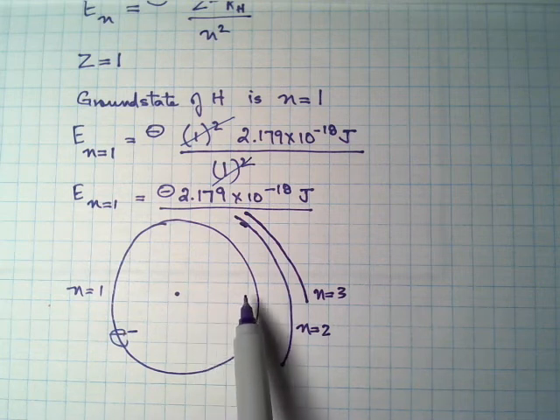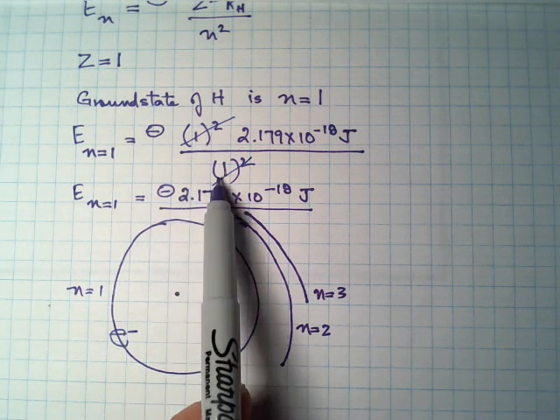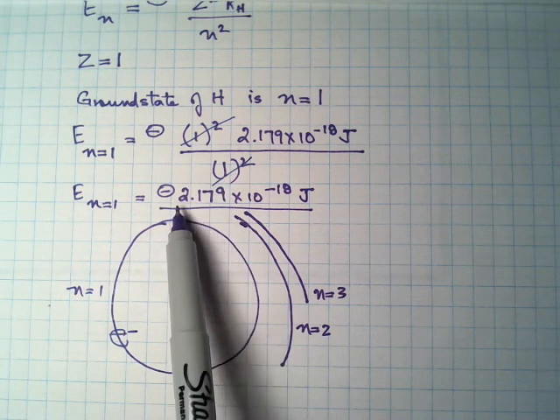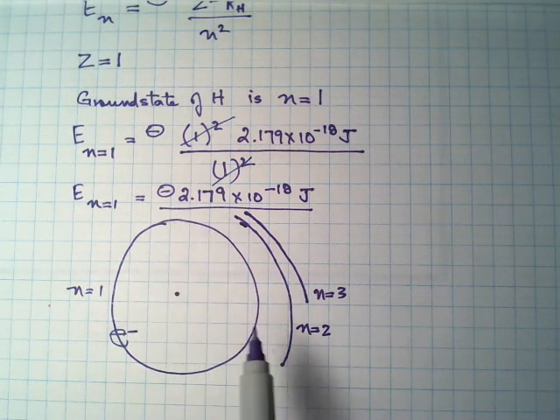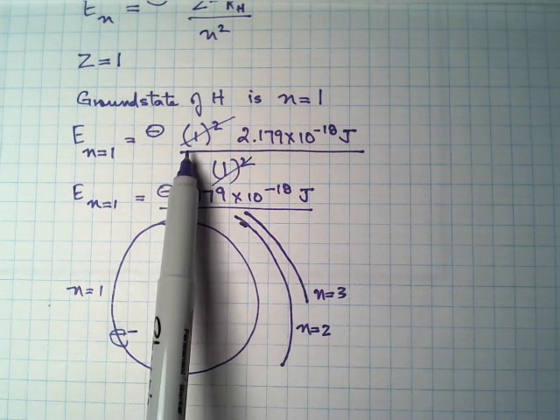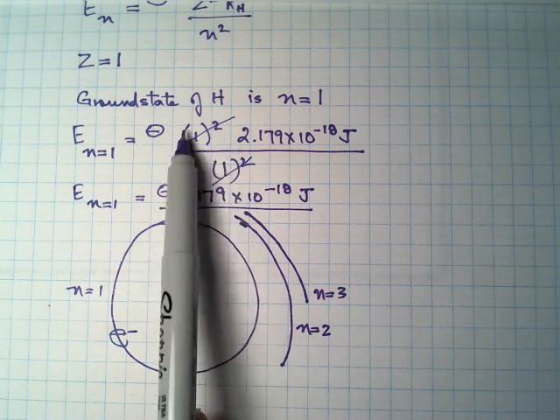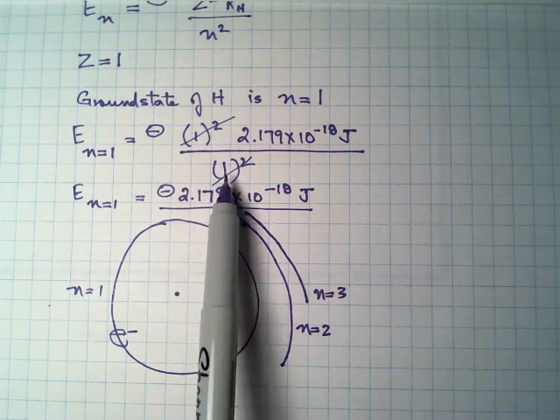So the energy of the first level is, we saw, minus RH, or minus 2.179 times 10 to the minus 18. Think about what the energy of the second level would be for hydrogen. I'm still using this formula. Z is still 1, so that's 1 squared, but n is 2, so that's 2 squared.